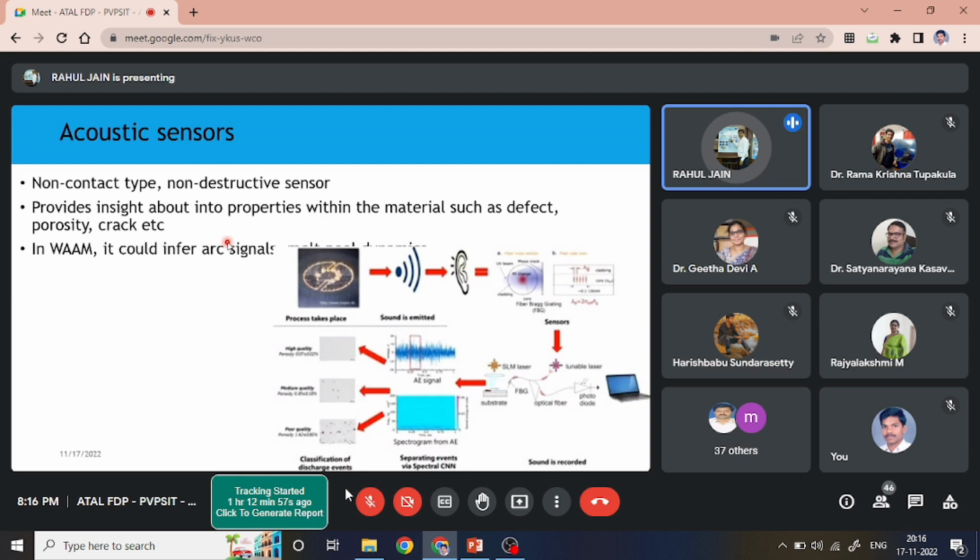The only possibility is then you need to apply filters, upper filter or lower filter. Meaning if you know that the sound of the arc will not be more than, let's say, 5 decibel or 10 decibel, and the environmental sound is higher than that, then you will filter out all the sound beyond a particular decibel value. But the only problem is if the intensity of the arc sound is quite similar in decibel to the sound you are getting in the environment, then filtering out would be extremely difficult.